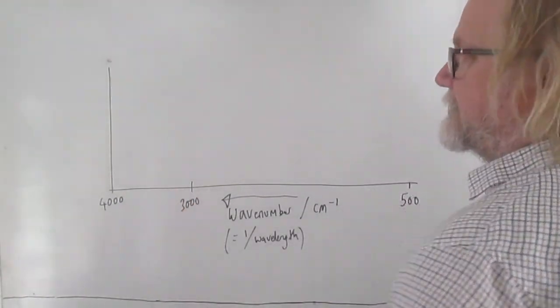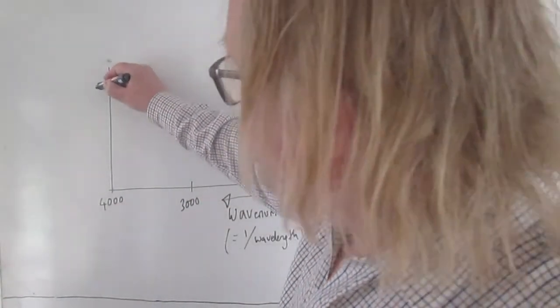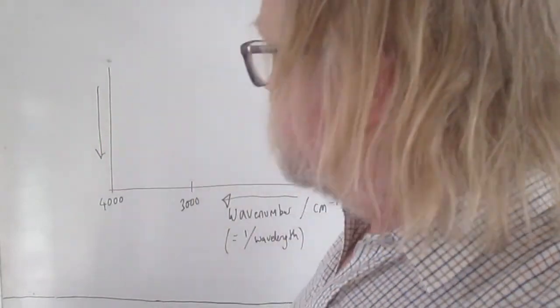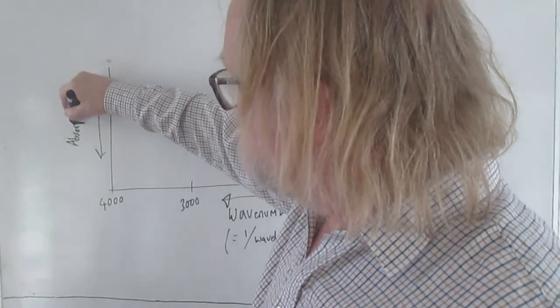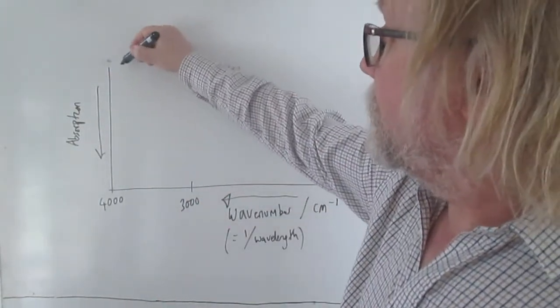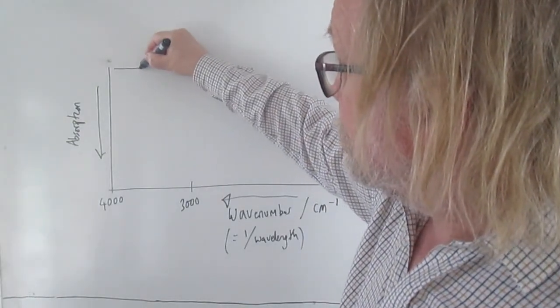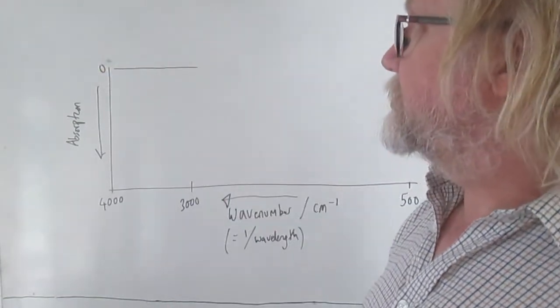Now on this axis, they do measure how much of the infrared is absorbed, but again, just to be different, they do it upside down. So absorption goes that way. What that means is that you have a baseline at the top corresponding to zero absorption.